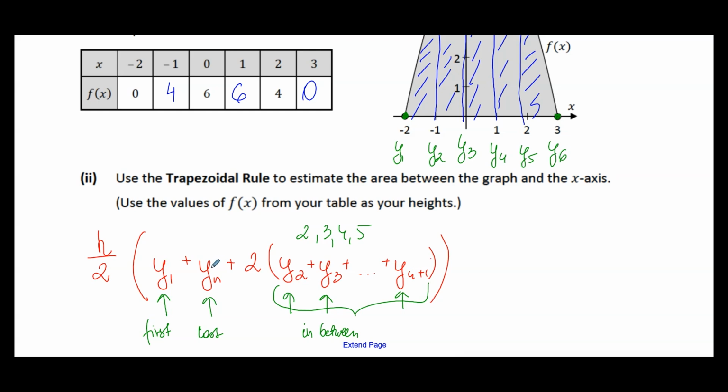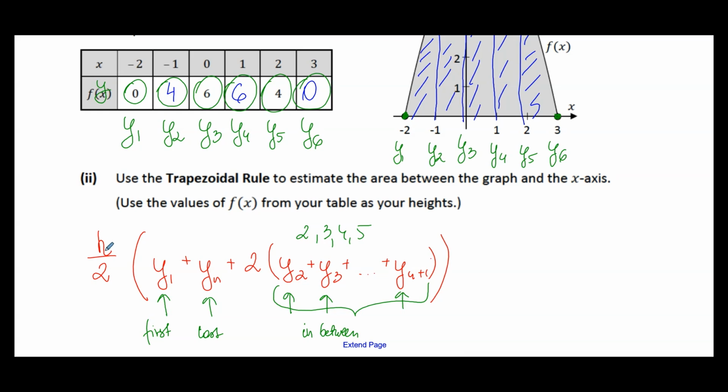This is the first one. This is the last one, the sixth one. So where do we get those values? And the reason why in your formula they are letter y is because they are the y values, especially when you have a table given. So this will be your y1, y2, y3, y4, y5, y6, the first, the last, and all in between.